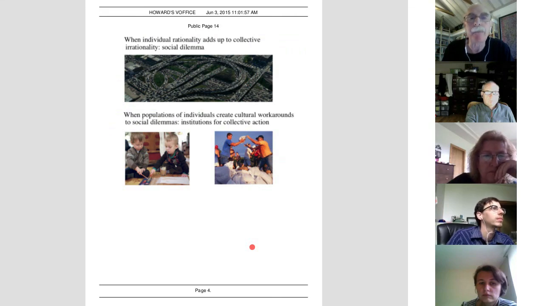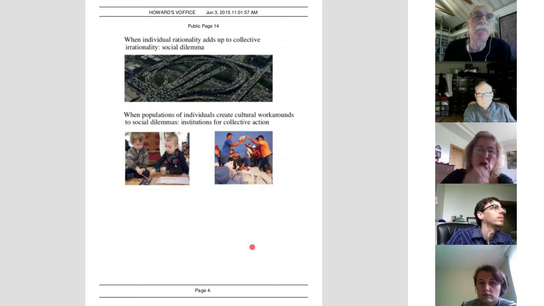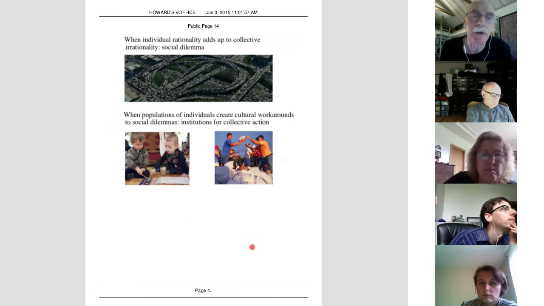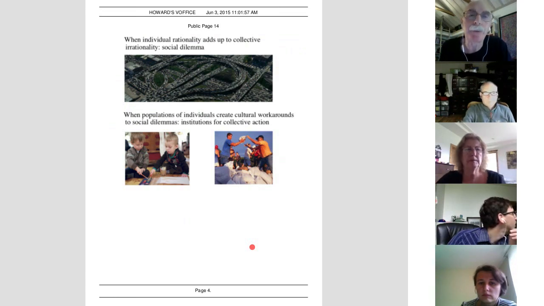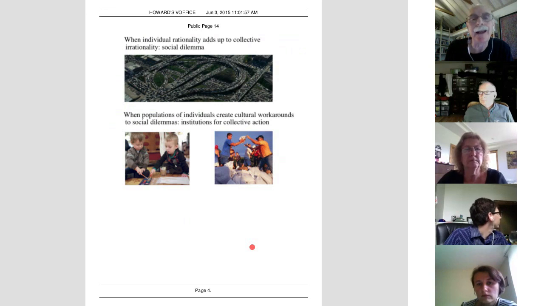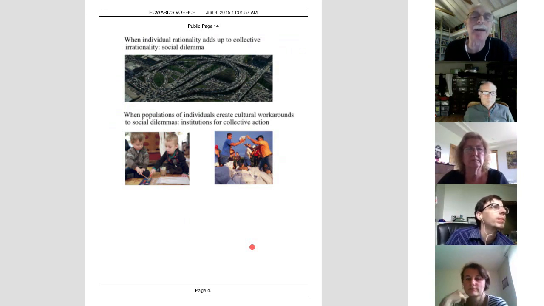He's gone through all of the research papers about social dilemmas and explained them as a narrative with references to the source documents. Kollock gives a simple explanation of social dilemmas: it's when individual rationality adds up to collective irrationality.